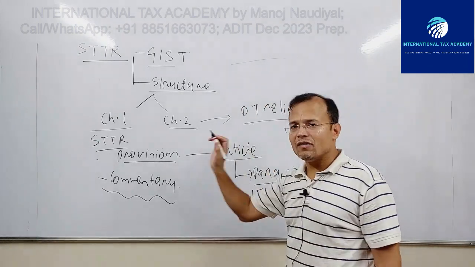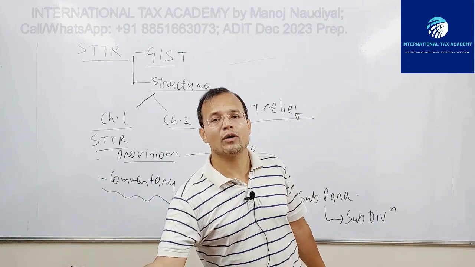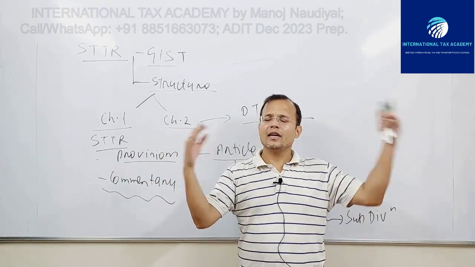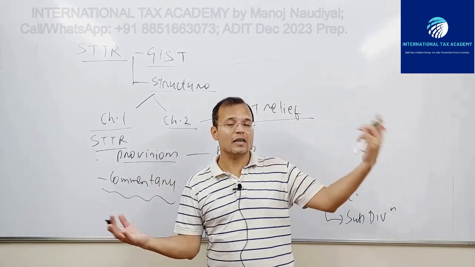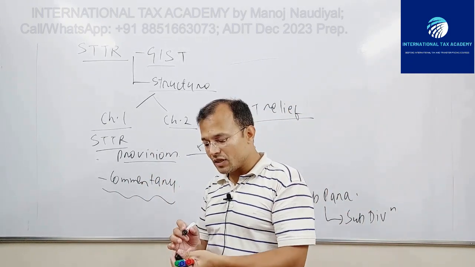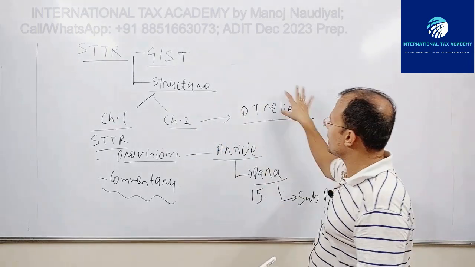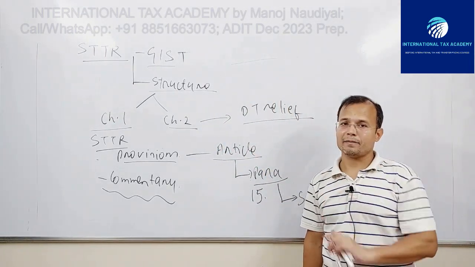Because when STTR is incorporated into the tax treaties, the state will tax, and to relieve the double taxation, certain provisions would be required. So chapter number 2 takes care of the double taxation relief under STTR.